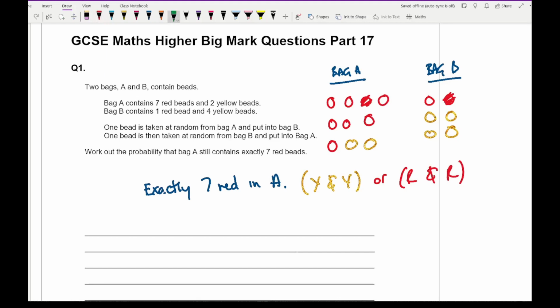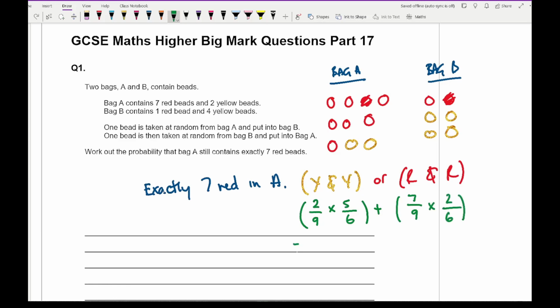So what I then need to do is work out the probability of these situations. Yellow and a yellow, well that's going to be first of all 2 out of 5, and then it's going to be 5 out of 6. And then or means plus, and then a red first is going to be 3 out of 5 multiplied by 2 out of 6.